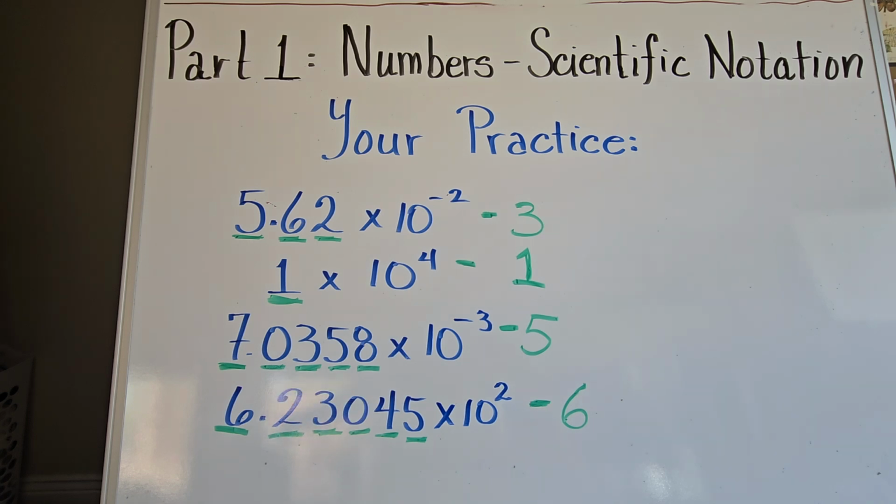Our next one, number 3, well, we've got a lot more numbers here, but each of those numbers coming before our 10 to the something part are significant, including the 0. So we have 5 numbers, we have 5 significant figures. Our last one, even a little longer, we have 6 numbers that come before our 10 to the 2 part. So all 6 of those, including the 0, are significant. 6 significant figures. Hopefully you did well.